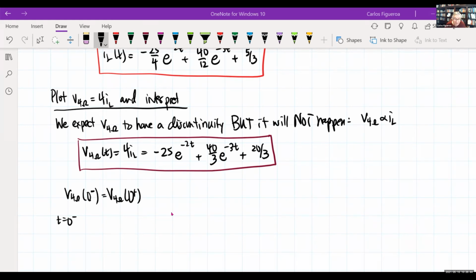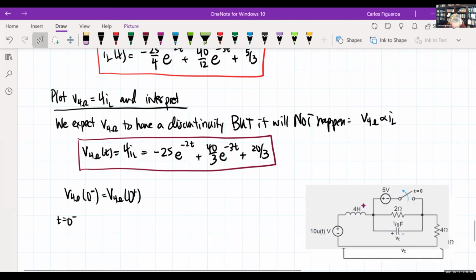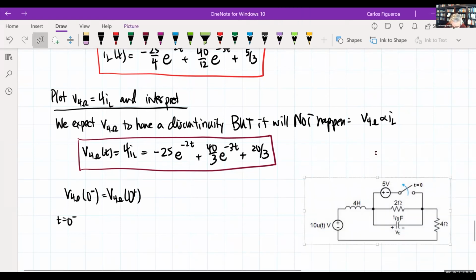Here's my circuit right here. When I'm looking at the circuit at 0 minus, again, there's no 10 volt source. The inductors are short, and the voltage across this guy should be 5 volts because everything's in parallel.